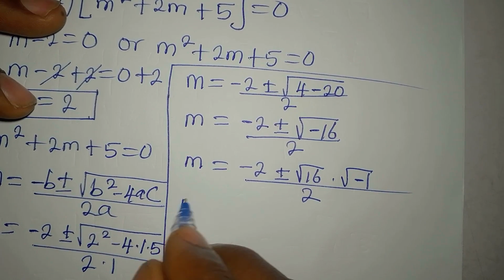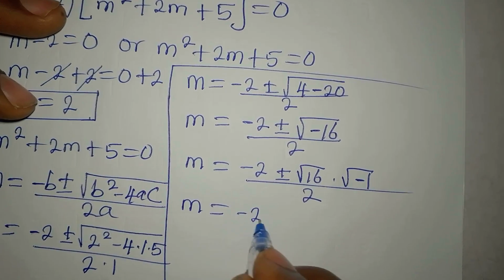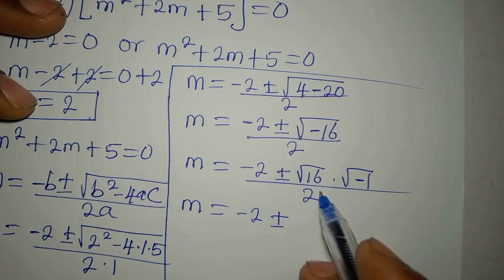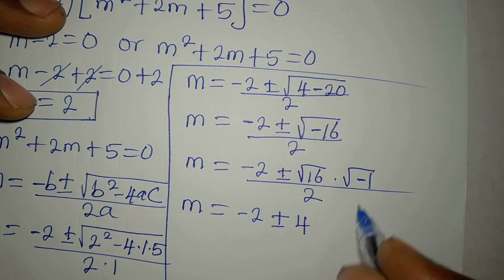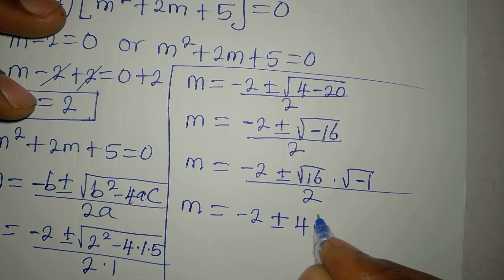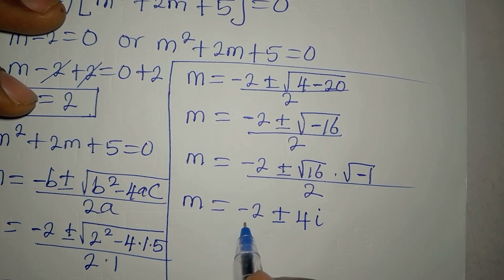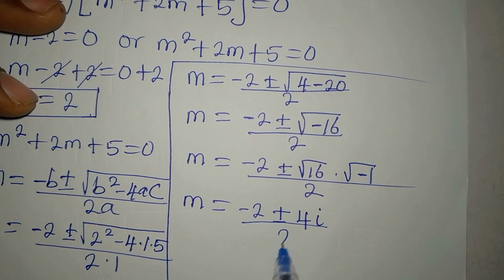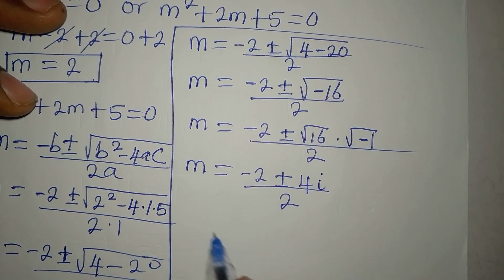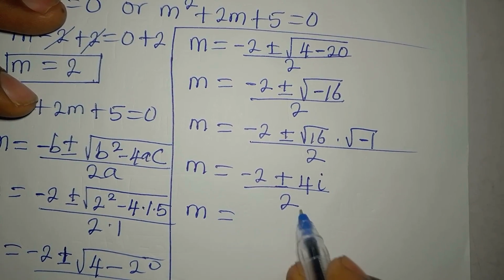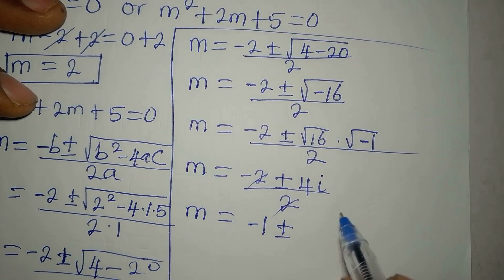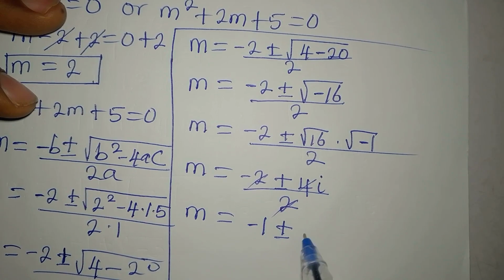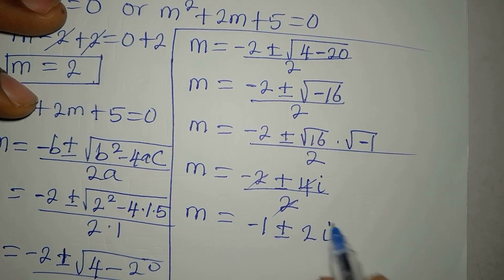So our m will be minus 2 plus or minus square root of 16 is 4. Then square root of negative 1 is imaginary, i. So we'll multiply it by 4 as we divide by 2. To go ahead now, our m will be 2 into minus 2 is minus 1 plus or minus 2 into 4 will give 2, then multiply by i.